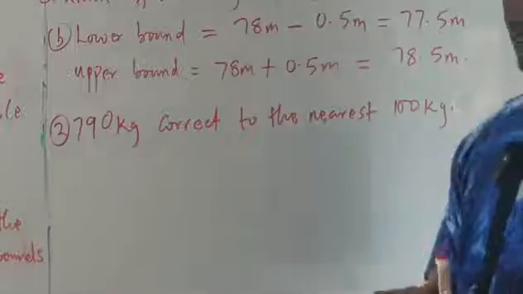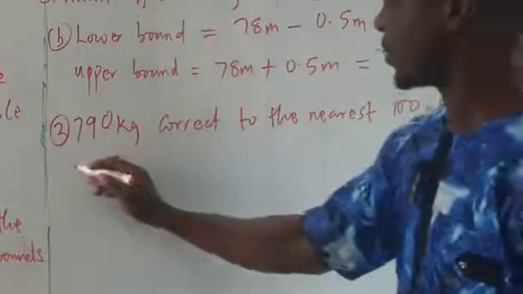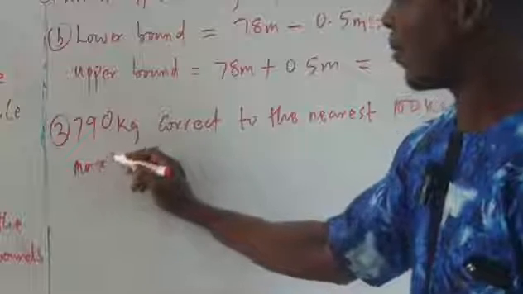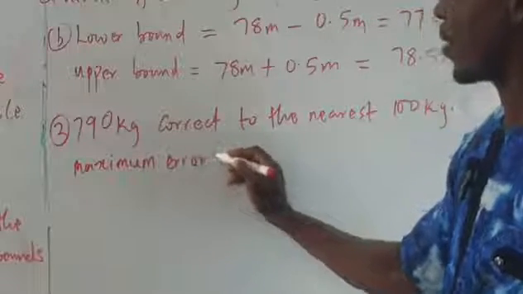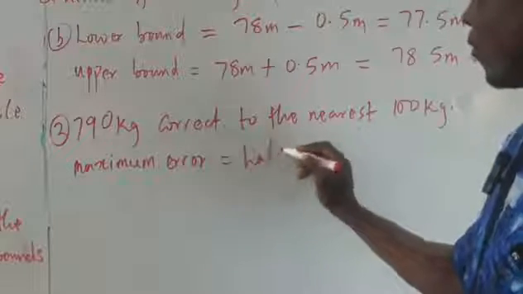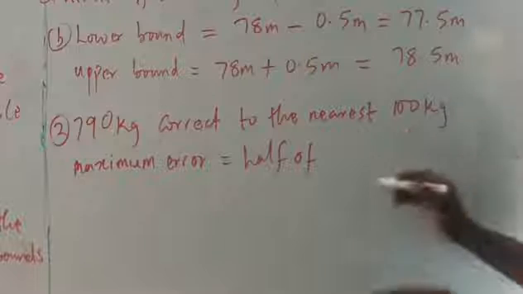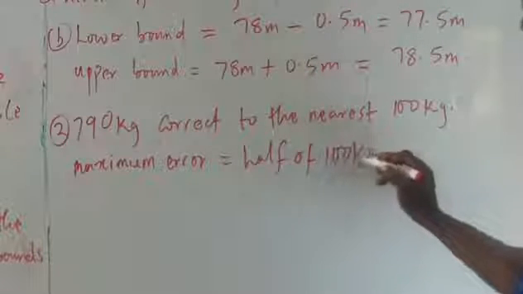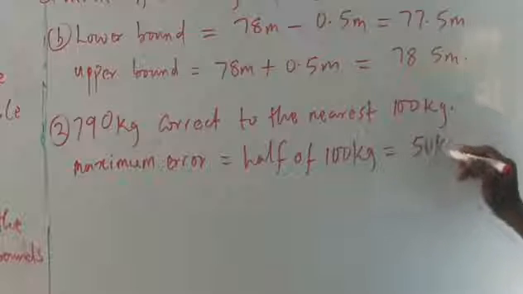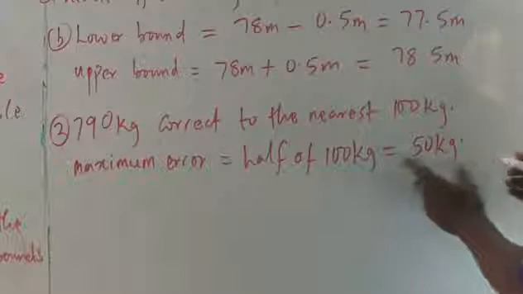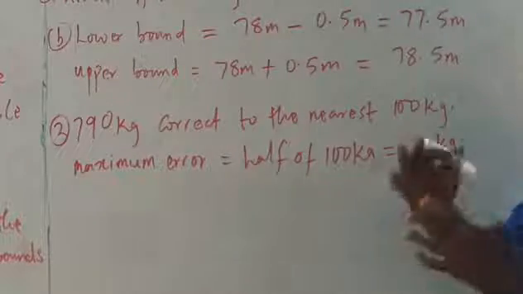That will be our maximum error. So our maximum error will be equal to half of the number we are correcting to, that is half of 100 kg. And half of 100 kg is 50 kg. So 50 kg is the maximum error, whether below or above.